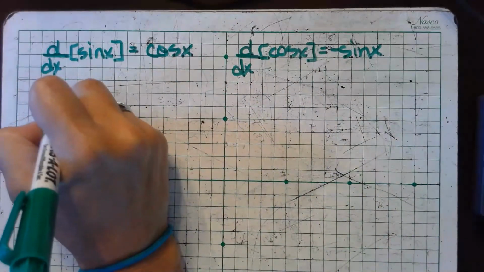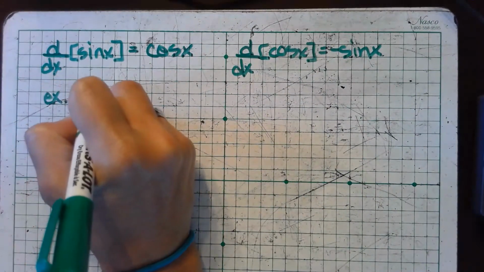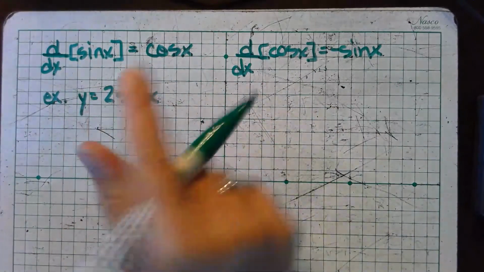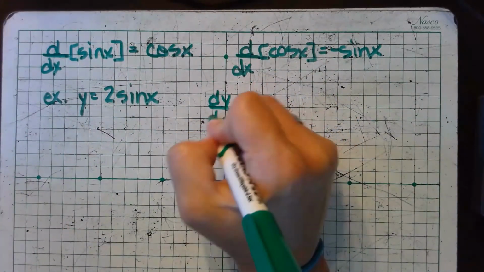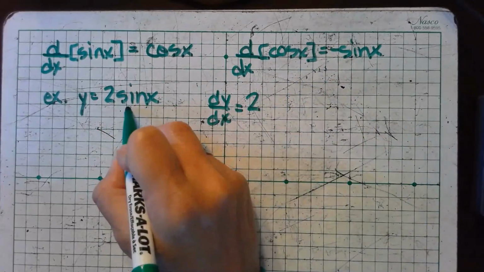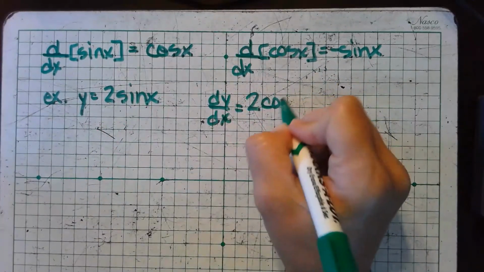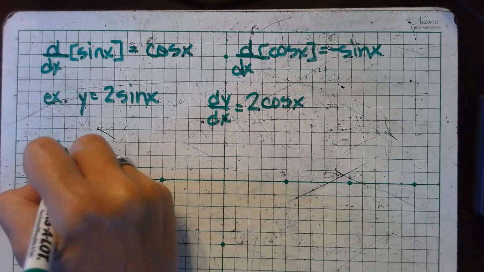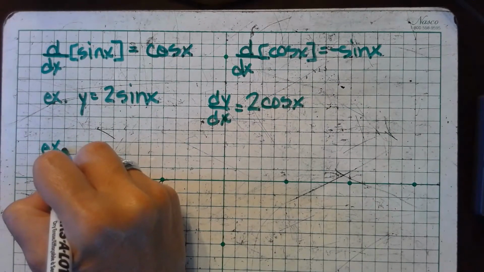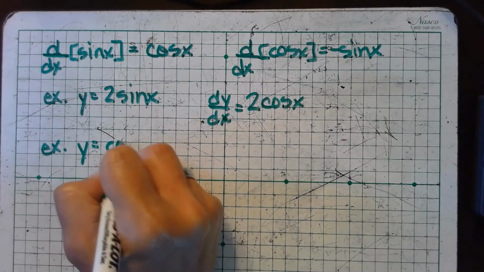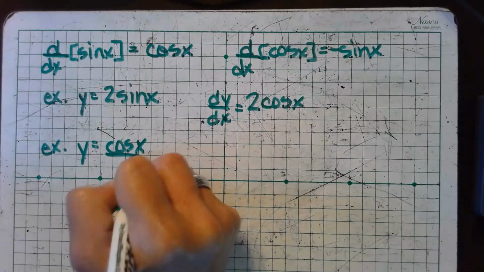So here's an example. Let's say y equals 2 sine x. All right, we're going to keep that constant out in front, of 2. But what's the derivative of sine x? It's cosine x. Or let's look at this one. y equals cosine x over 2.